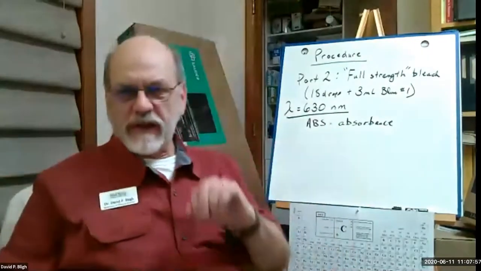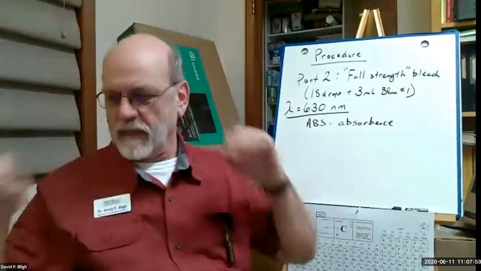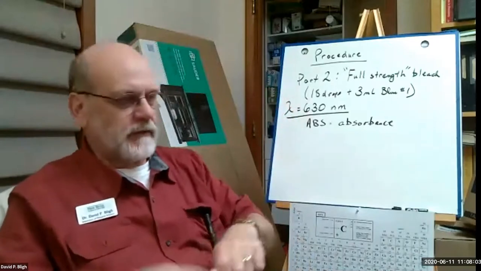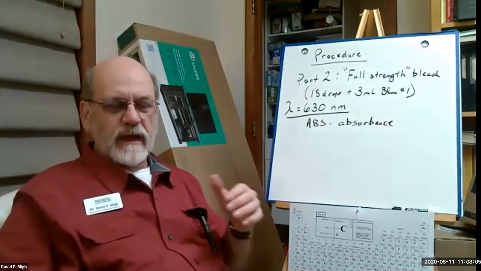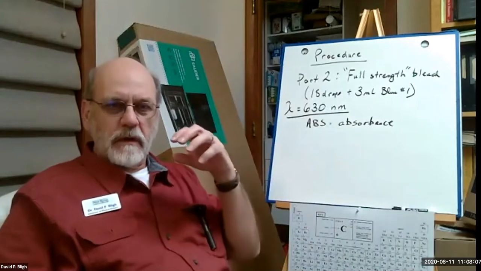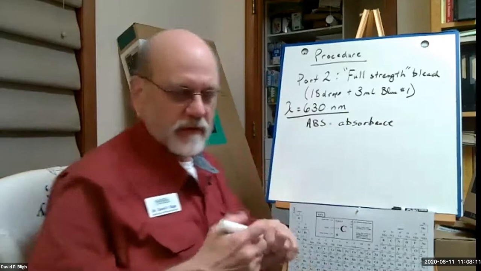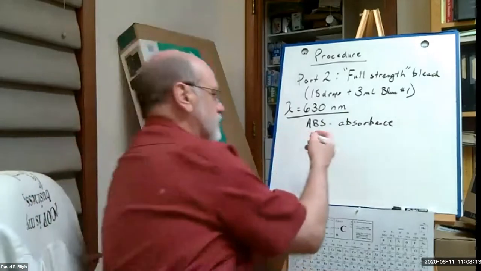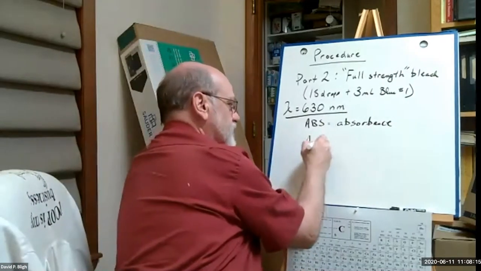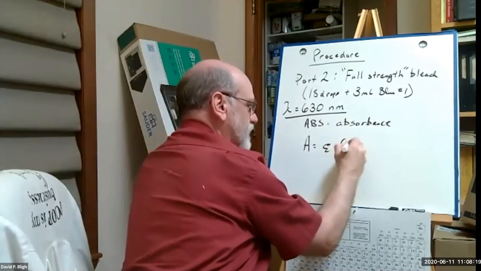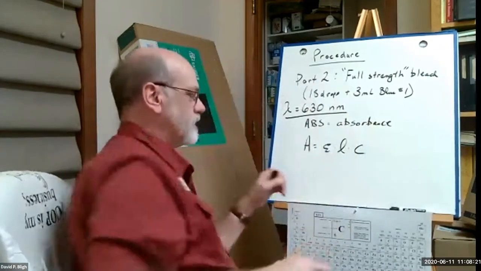It's a pretty good explanation of how to operate the Genesis, which I misspelled earlier, the Genesis 20. And then what does absorbance mean? And it's really important, the Beer-Lambert law, which says absorbance is equal to that value times that value times that value.